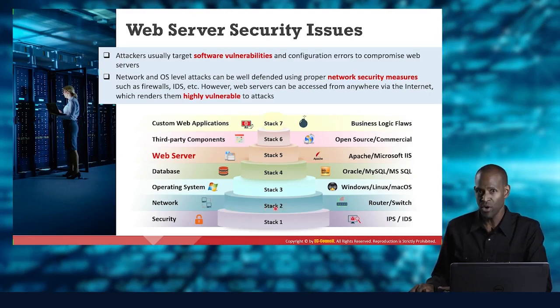But wait, there's more, because at stack 3, we have Windows and Linux. And so we have Windows workstations running Windows 10, Windows 11, Windows servers running Windows Server 2016, Server 2019, Server 2022, Linux.